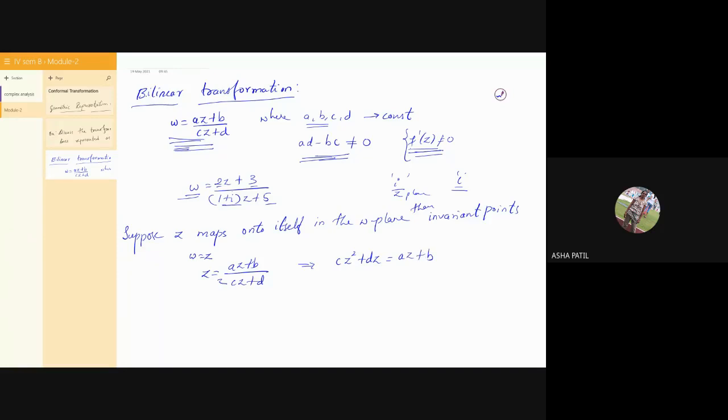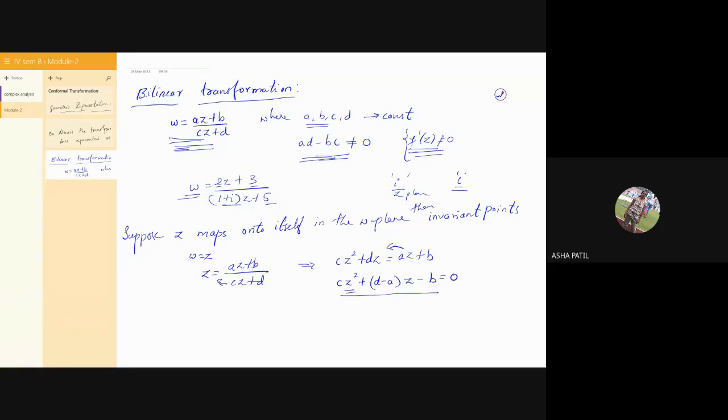If I take this on the LHS, taking z common, and taking d on the other side, you have this.